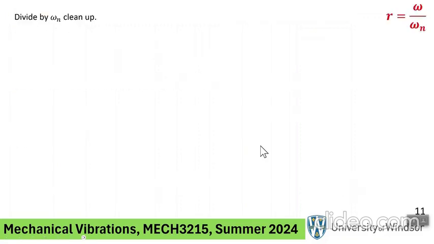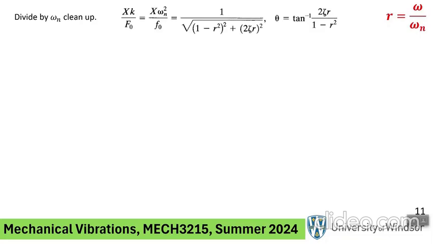So let's go there. What I'm going to do is take that expression for big X and divide the top and the bottom of the right-hand side by omega n.